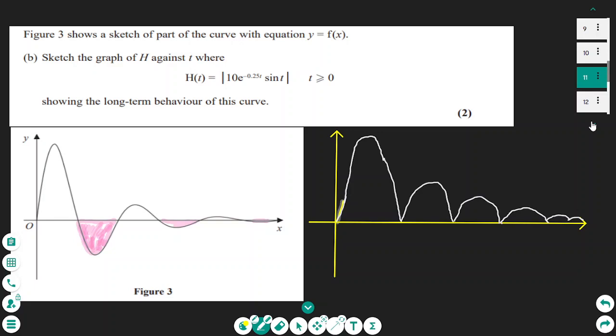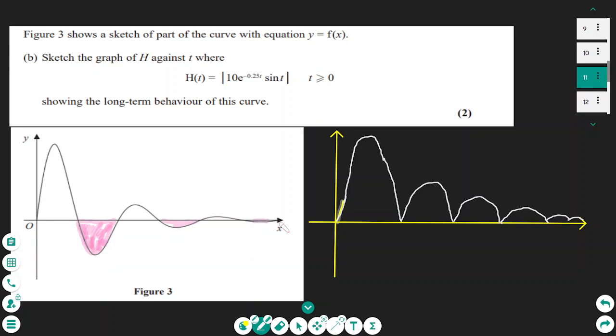The second part. Sketch the graph of h, which is the modulus of the original function, showing the long-term behaviour of this curve. The function f is already here on this screen. It is going up, then down, then up, and it goes towards the value of 0 in the long term. The modulus function changes only the negative part of the curve, and the negative part becomes positive.